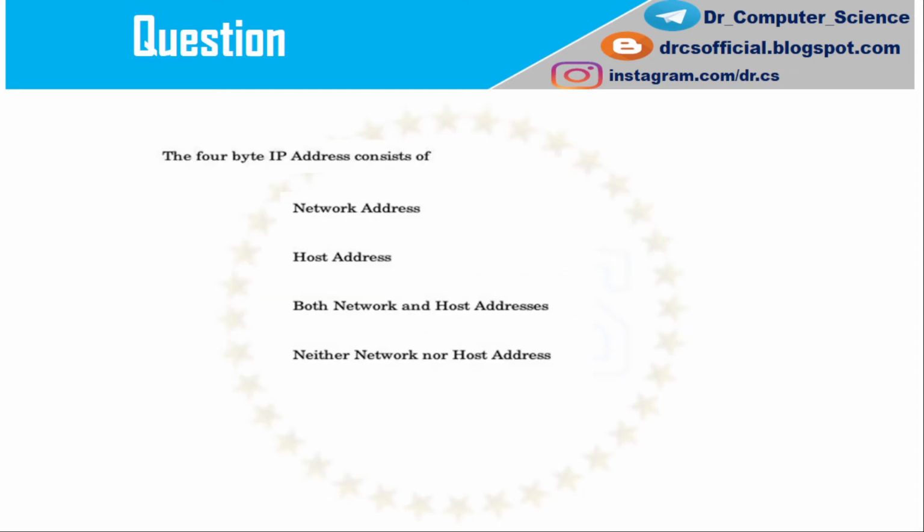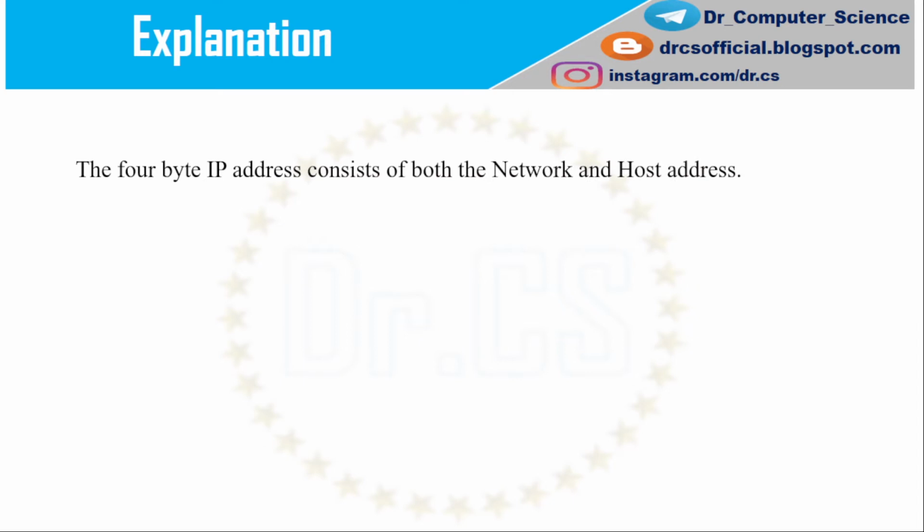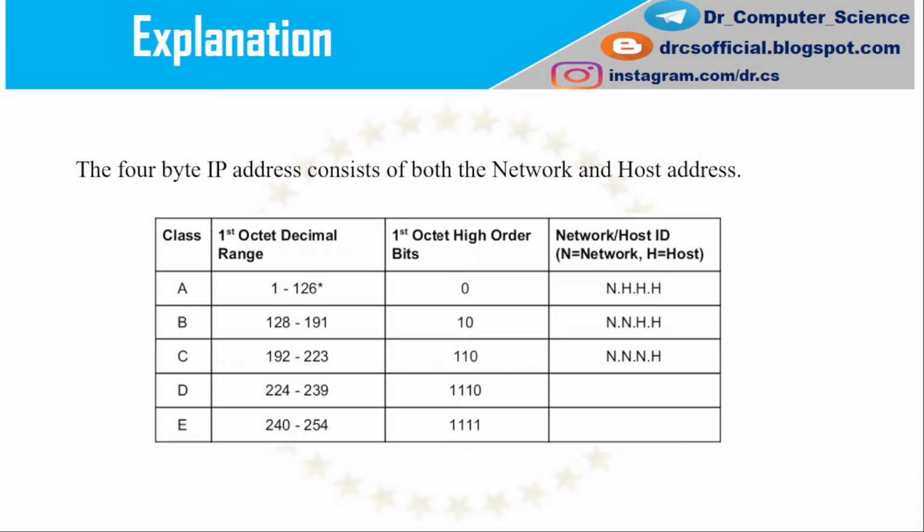Next question. The 4-byte IP address consists of: network address, host address, both network and host, neither network nor host. Here the 4-byte IP address consists of both network and host addresses. In this table you see the 5 classes of address and their decimal value range and host and network portions.